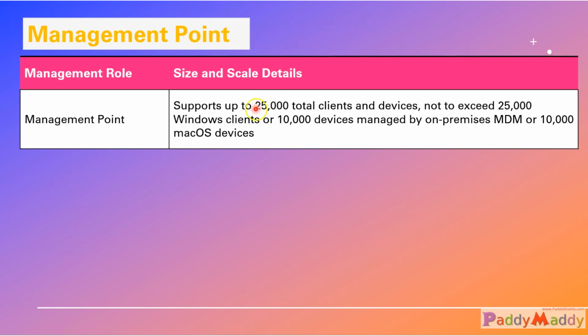It's going to support close to 25,000 total devices, but it's not going to exceed 25K Windows devices, 10,000 on-premises devices, or a combination, like 10,000 Mac devices with an additional 10,000 on-premises mobile devices. So consider 25,000 devices.